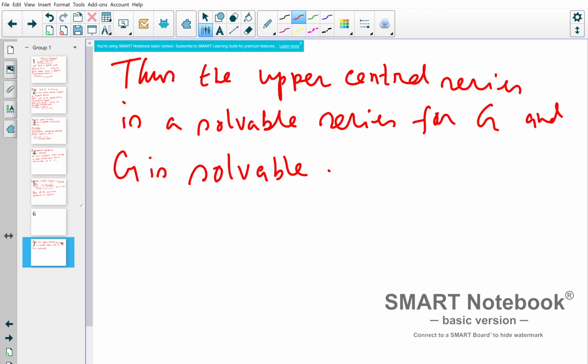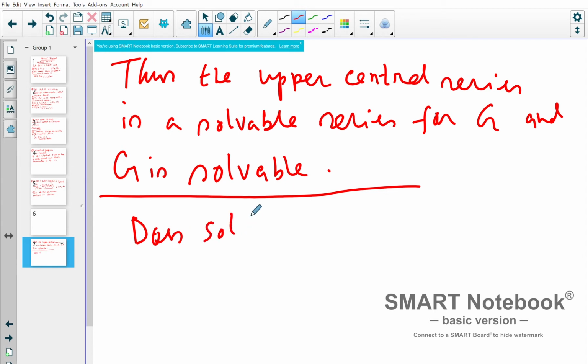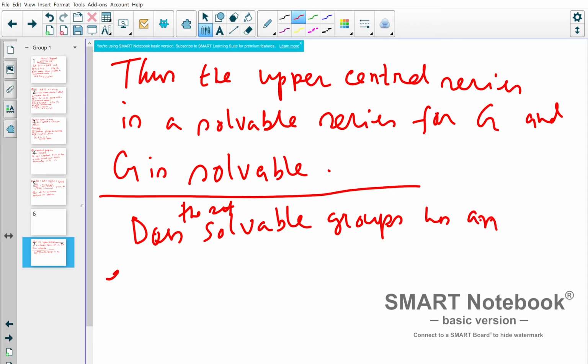The question is, do we have some element in the set of solvable groups which is not nilpotent?